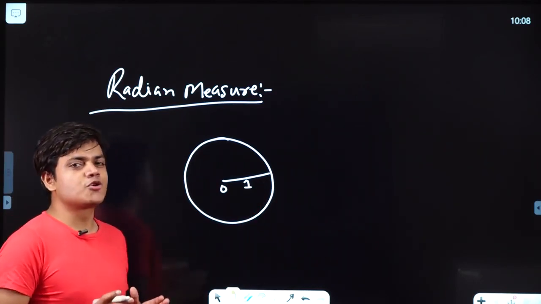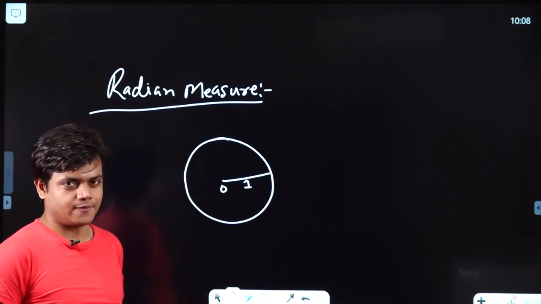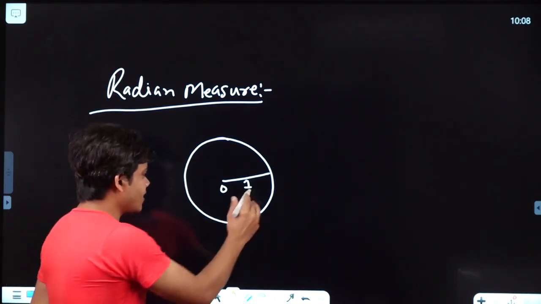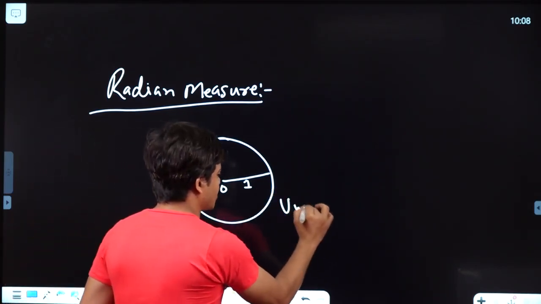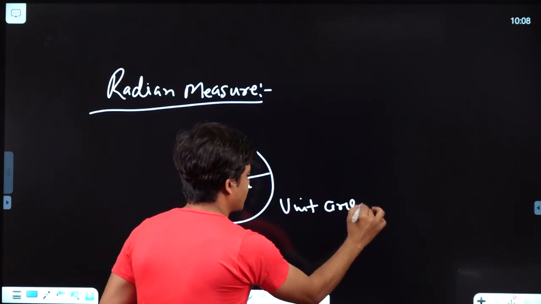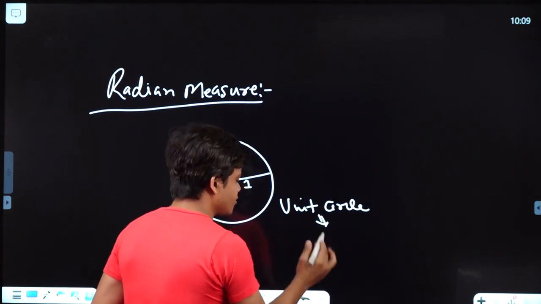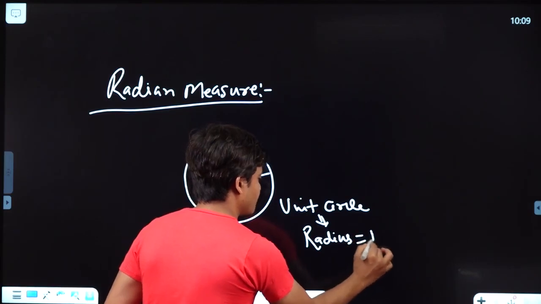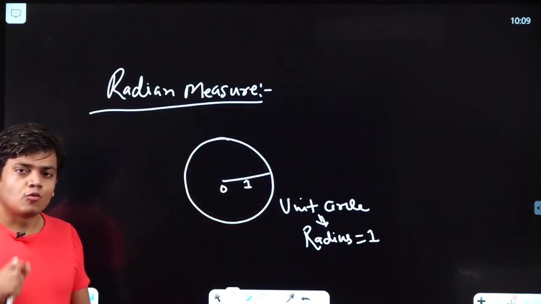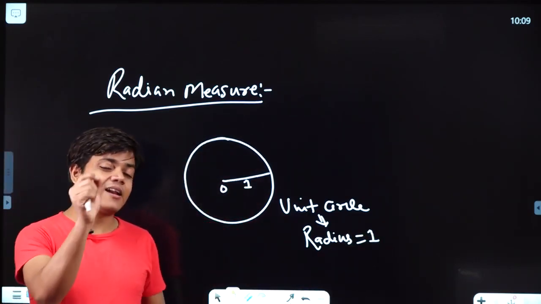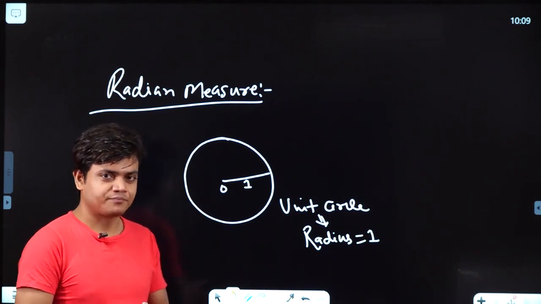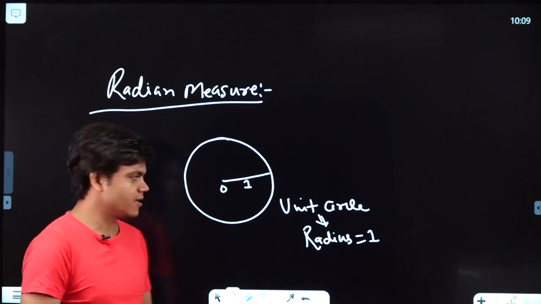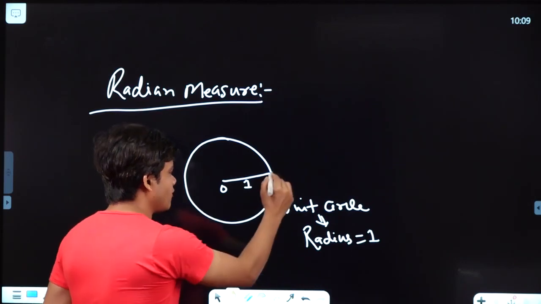Now I want to make an angle. Remember its radius, it is a unit circle. A unit circle means a circle with center (0, 0) and radius 1. And now we have to take an arc length of 1.